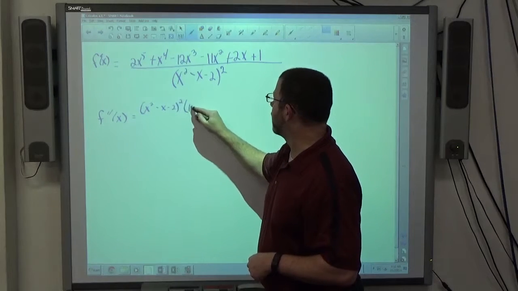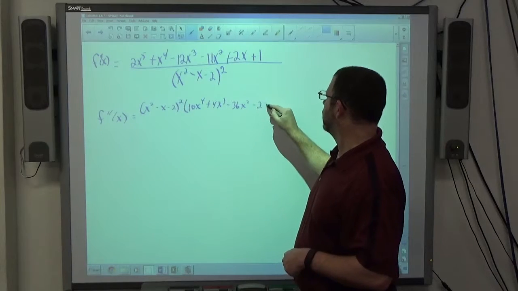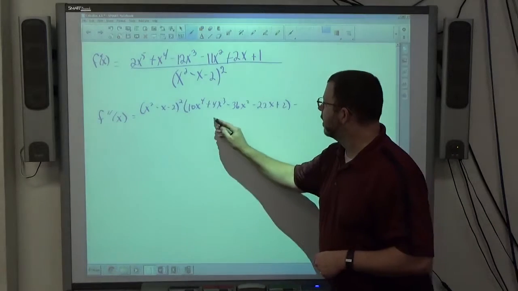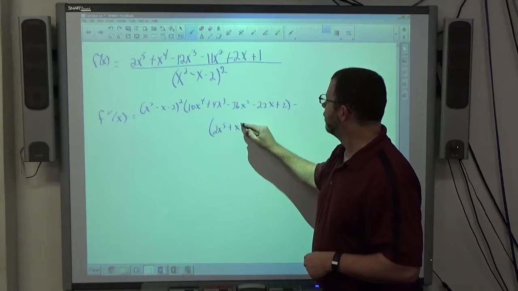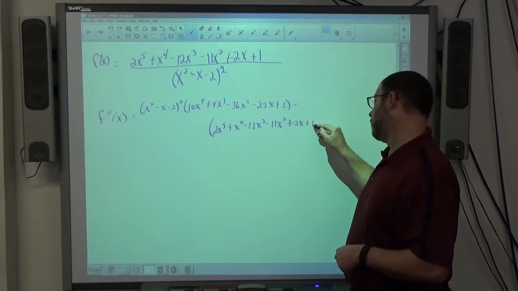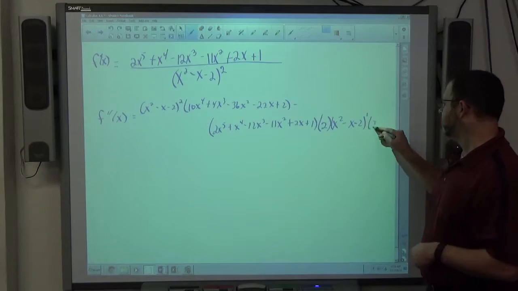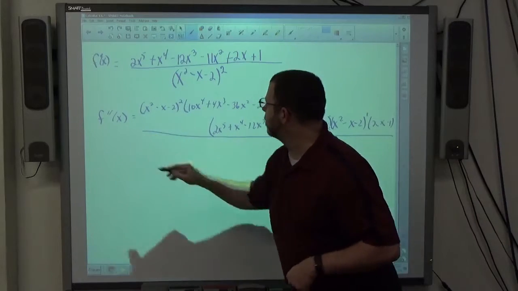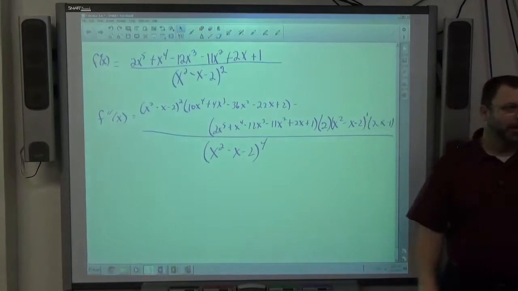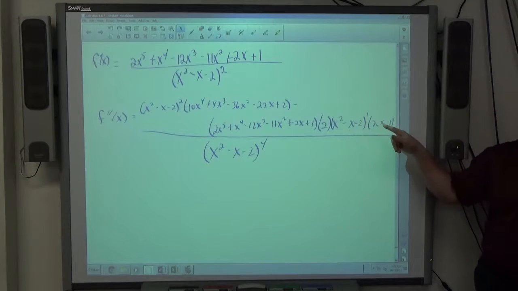D high is of course going to be 10x to the fourth plus 4x cubed minus 36x squared minus 22x plus 2. Minus high d low is going to be 2x to the fifth plus x to the fourth minus 12x cubed minus 11x squared plus 2x plus 1 times 2 times x squared minus x minus 2 to the first times 2x minus 1, over the square of what's below, which is x squared minus x minus 2 to the fourth power.